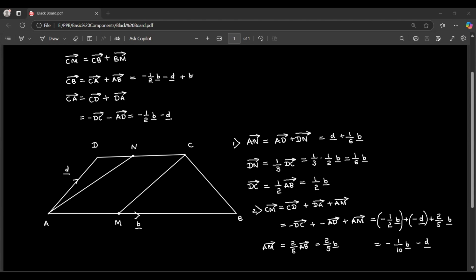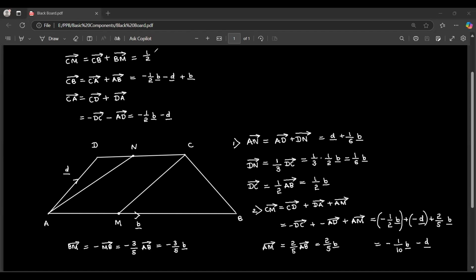That's done. And now we have BM. We know BM is the opposite of MB. BM is equal to negative MB. And we know MB is equal to 3 over 5 AB. So it will be negative 3 over 5 AB. And we know AB is equal to B. So minus 3 over 5 B. So here we will have CB is equal to, well, we can cancel it out.